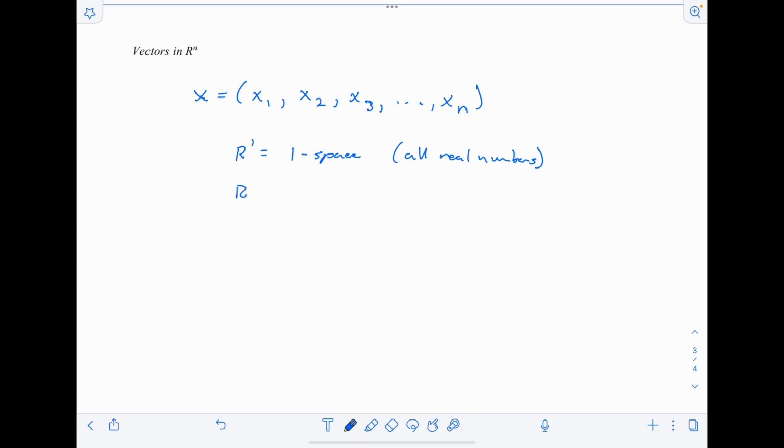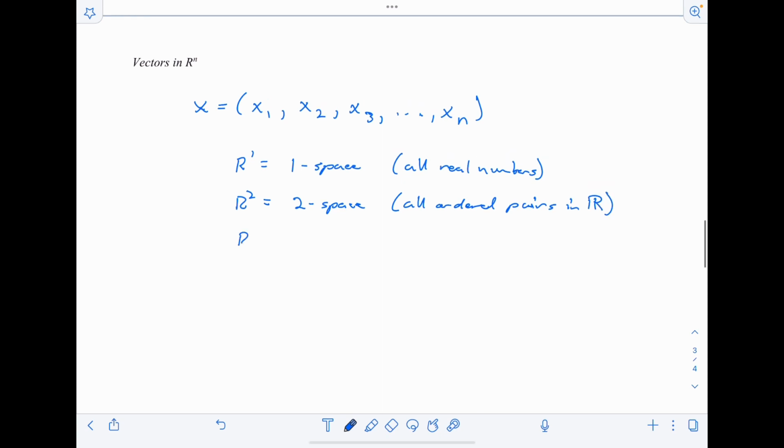If it's R squared, we're in the 2 space or 2-dimensional space. And that would be all ordered pairs in R, so again in real numbers. If I'm in R3, I'm in the 3 space, so 3 dimensions, which would be all ordered triplets.